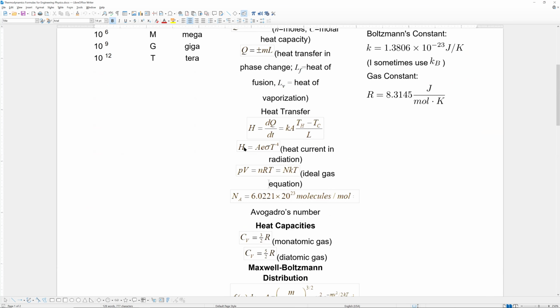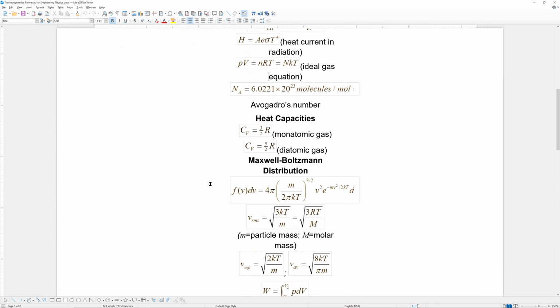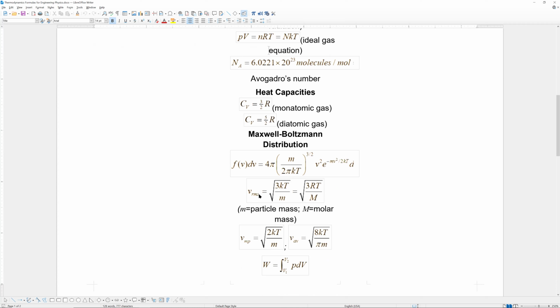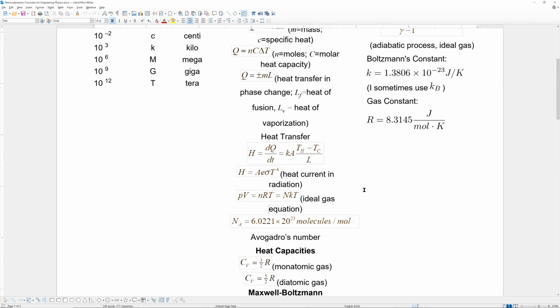And somewhere down here, heat capacities. Oh, it's under the Maxwell-Boltzmann distribution. By the way, this f(v) dv thing is something that we didn't look at. Some years we do, but this one we didn't. Okay. I don't have the formula for the kinetic energy, or do I?